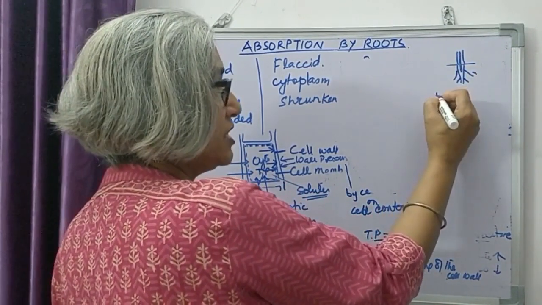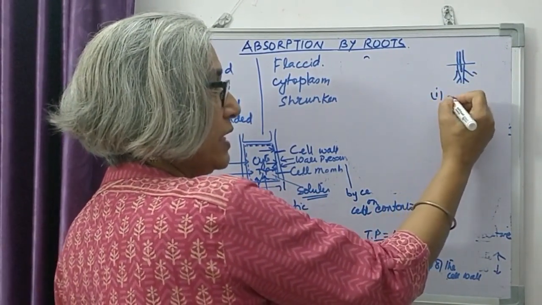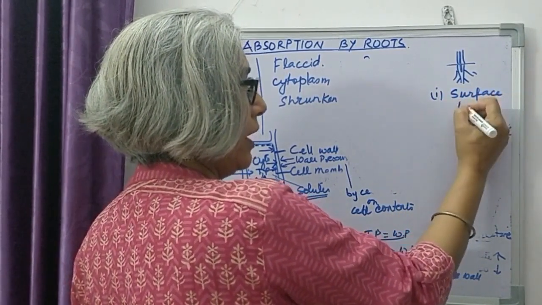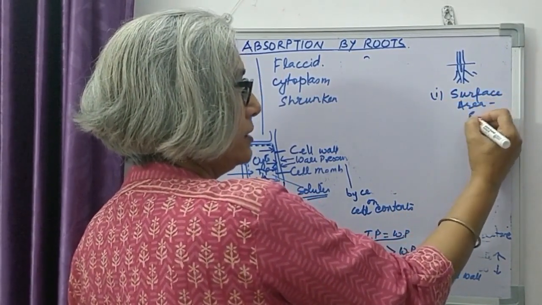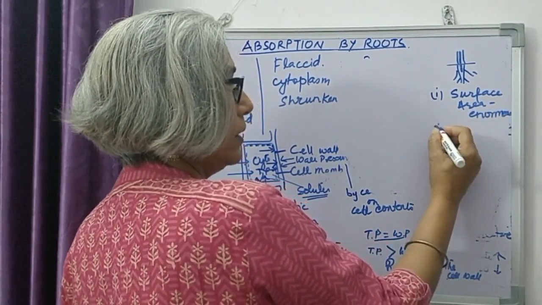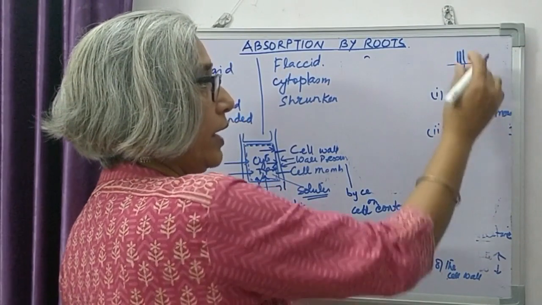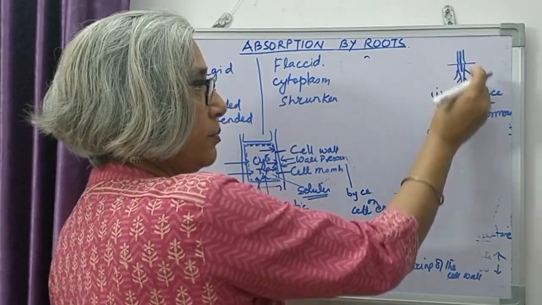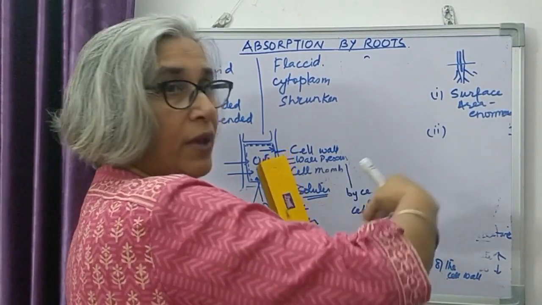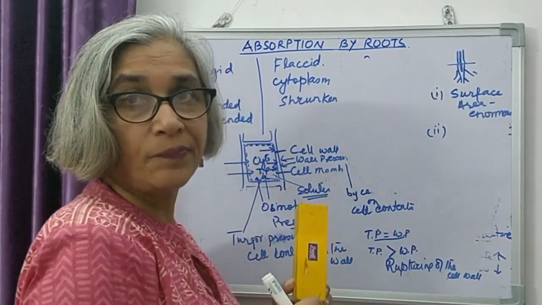There are three main reasons for that absorption. One is that the surface area of the root is very high. Why? Because there is a primary root, there is a secondary root, there are root hairs, and if you expand them, the surface area is enormous.